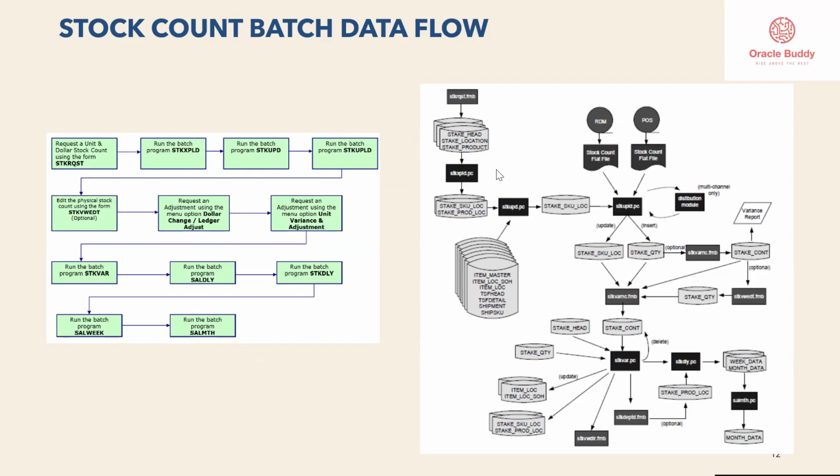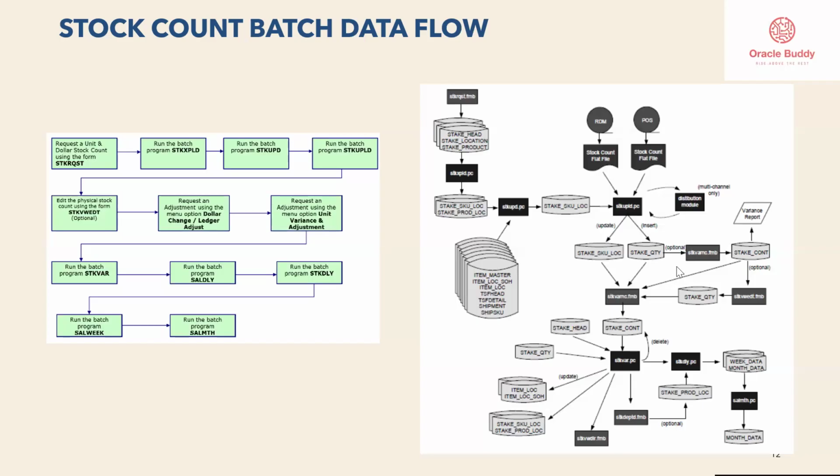On the day of stock count, STKXPLODE.pc will run and explode at the item location level in STAKE_SKU_LOC and STAKE_PROD_LOC. Then STKUPD will update STAKE_SKU_LOC. Once the flat file comes from the external system, we run the STKUPLD batch, the stock upload batch, which will update STAKE_SKU_LOC and insert into STAKE_QTY.